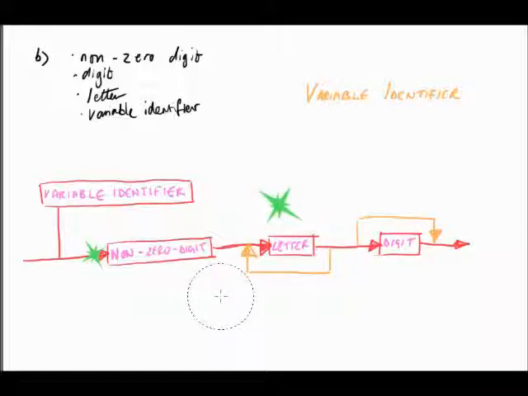We get one mark for the loop around the letter. We get one mark for the loop around the digit, which creates the two options. So this is creating the group, this is creating the two options. And that's it. That was a 4-mark question. I hope that makes sense.